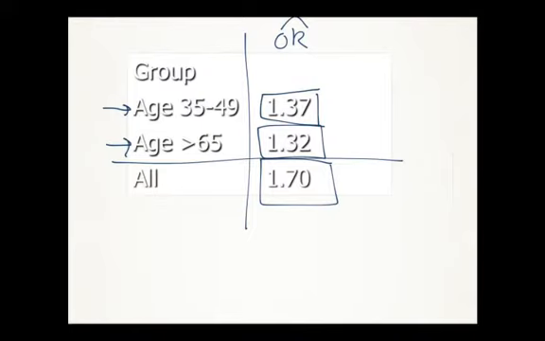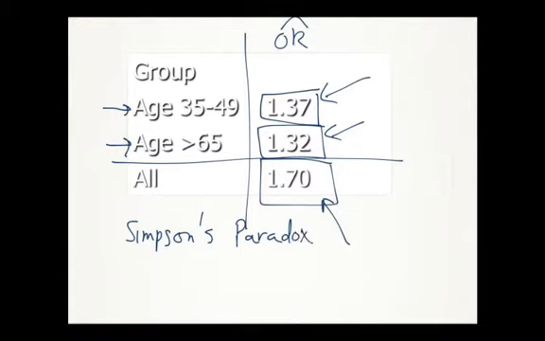So how could it be that the odds ratio is higher in the entire population, 1.7, than in either of the groups, 1.37 and 1.32? This is something called Simpson's Paradox. We're not going to spend time getting into the particulars of this, but this is a good way that you can entertain your friends and family.